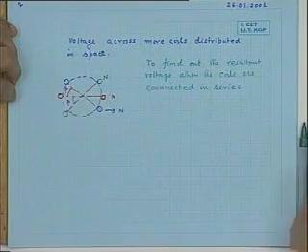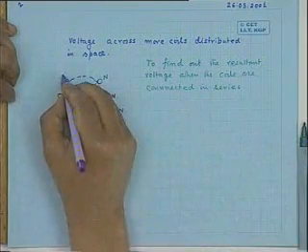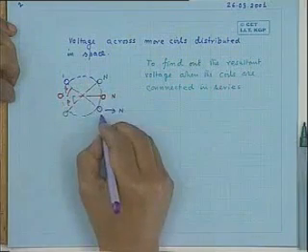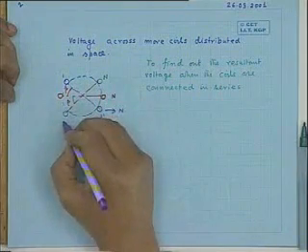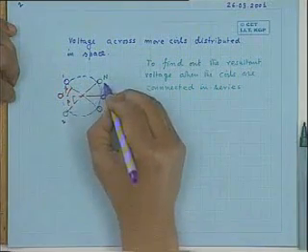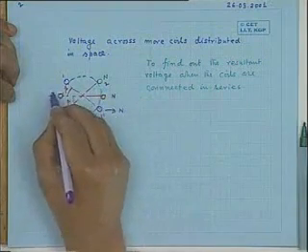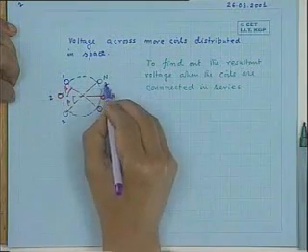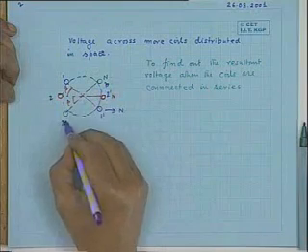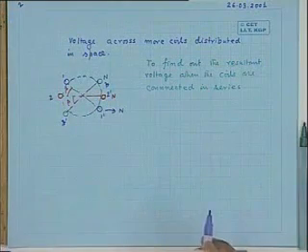We can name the coils like this: this is 1 dashed, this is 2 dashed, and this is 3 dashed.